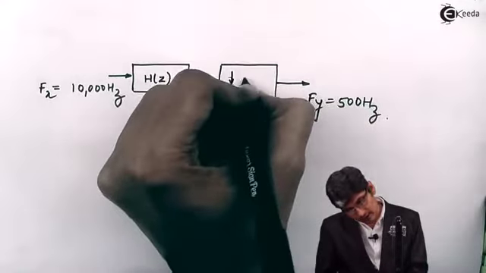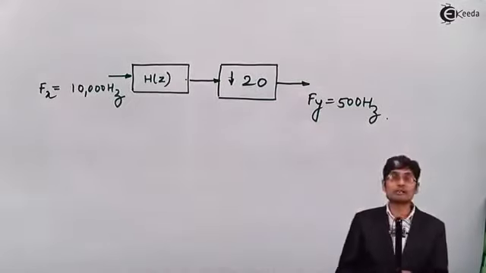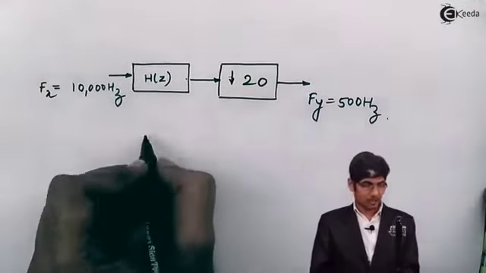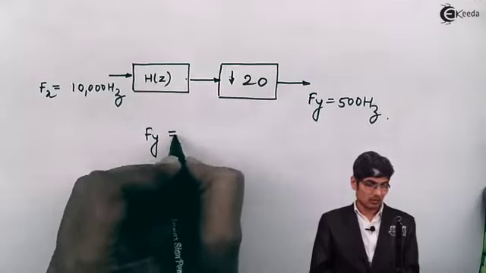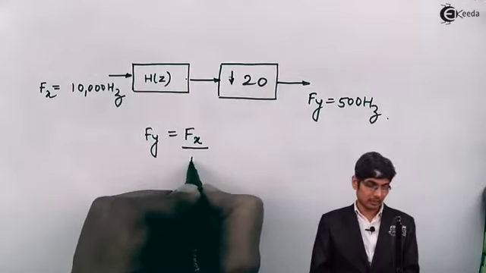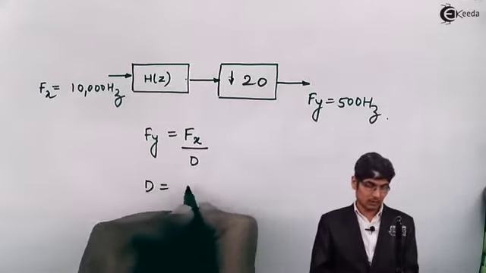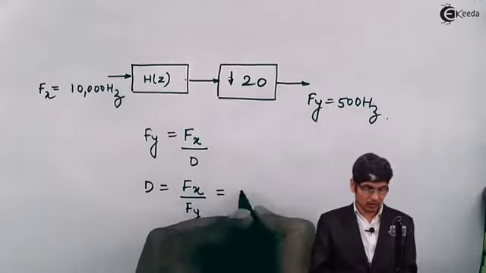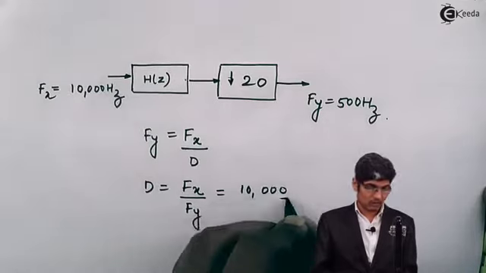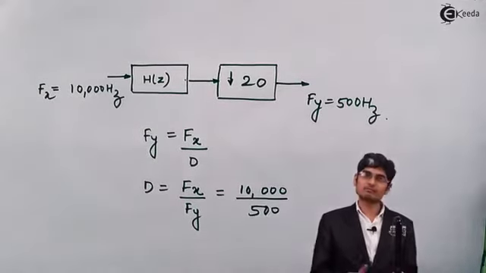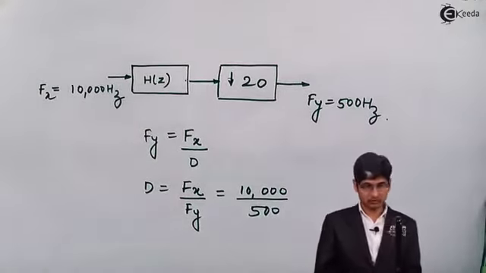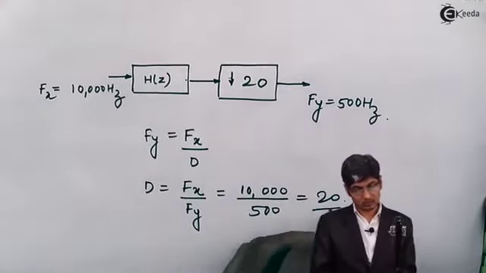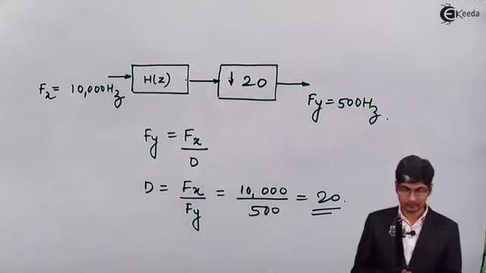Therefore, the decimation factor requirement is 20, because we know that fy is equal to fx by D. Then D will be equal to fx by fy. That's why we got 10,000 divided by 500, which is 20, as we have just calculated. This is step 1.